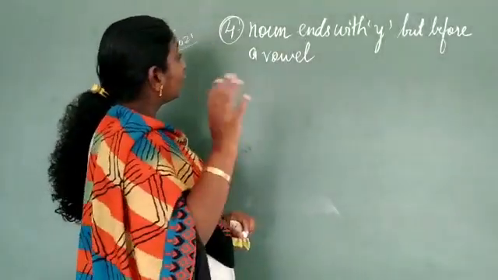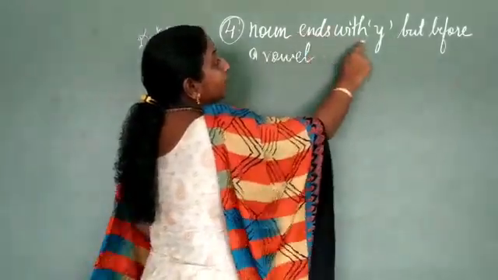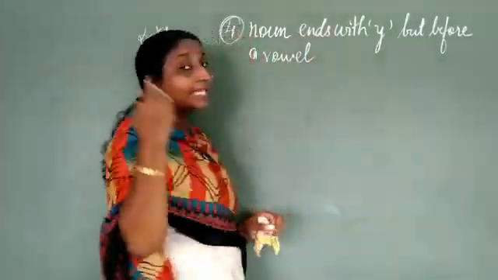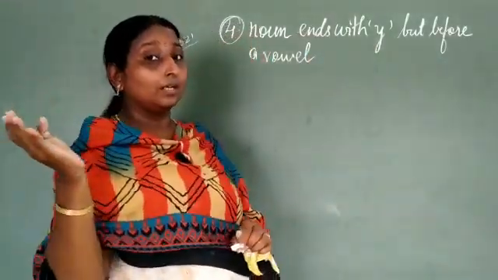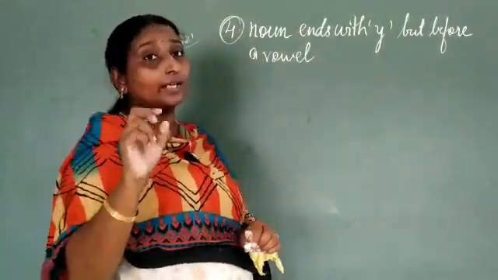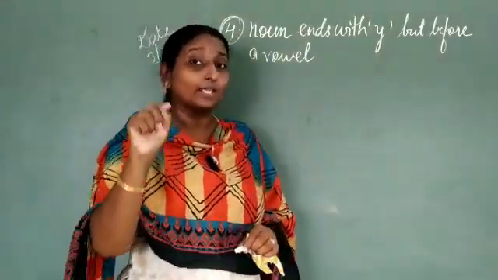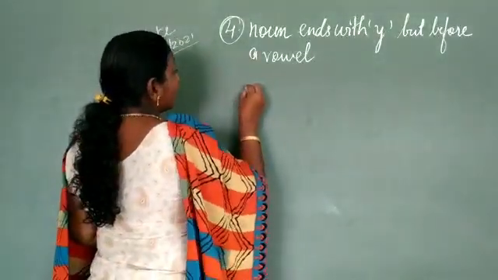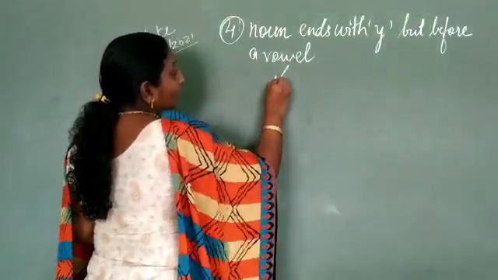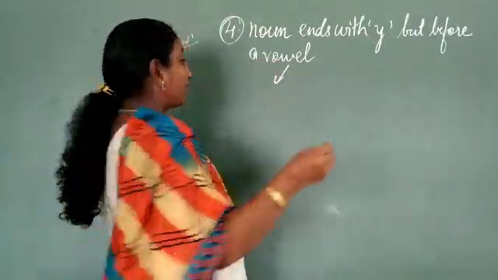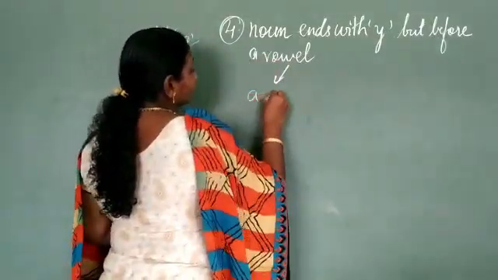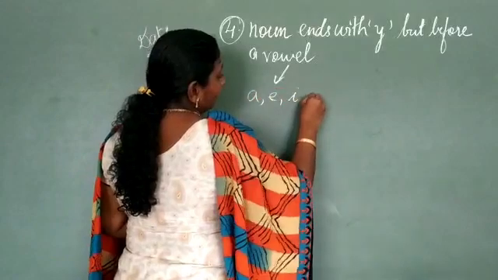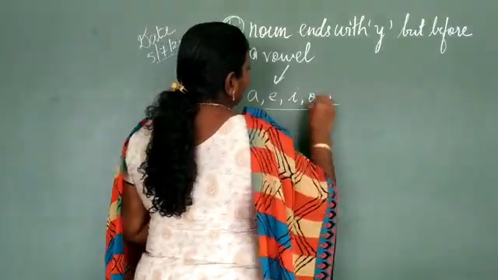Now, moving to the fourth one. See here, the nouns that end with Y, and you are making it a plural. In the third point I told, if the noun ends with Y, you have to add I-E-S. But there is a rule over there. Suppose, you know vowels and consonants. How many vowels are there, children? Okay.